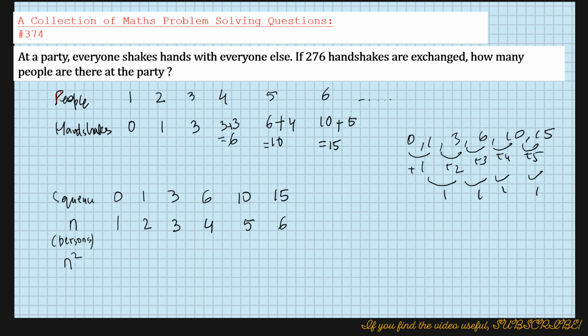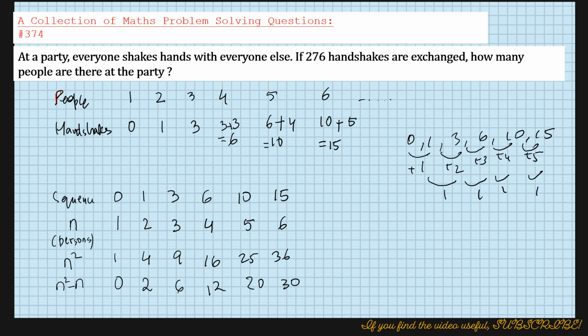N square would give us 1, 4, 9, 16, 25, and 36. Now I'm going to do n square minus n, because I have to get 0 as the first number. So if I did n square minus n, I would get 0, 4 minus 2 is 2, 9 minus 3 is 6, and that would give me 12, then 20, and then 30.